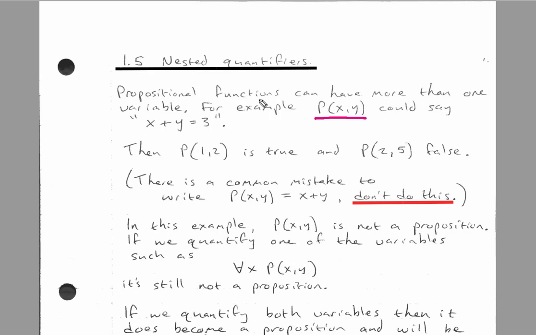Okay, so these propositional functions, they're statements about the inputs. And for example, here, p of 1 comma 2, well, if you put in 1 for x and 2 for y, 1 plus 2 is equal to 3, so that's a true statement.